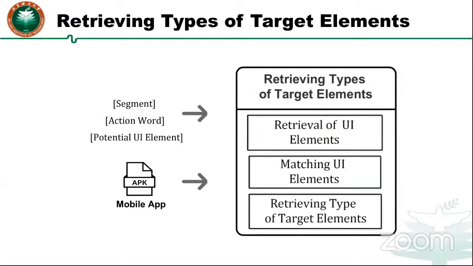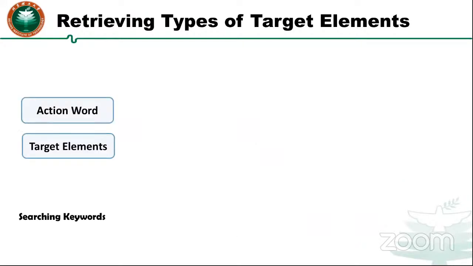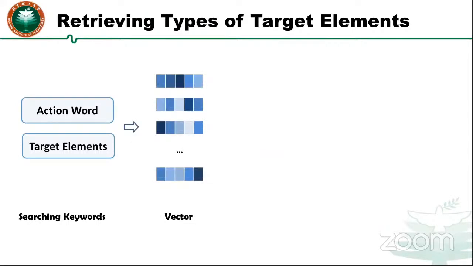Retrieving types of target UI elements takes as input the segment, its action word, potential UI elements, and the app. This step is used to find the type of the potential UI element according to the APK. We encode the information in the bug report into a vector. We also leverage static analysis to collect all UI elements in the app and encode such UI elements into vectors.